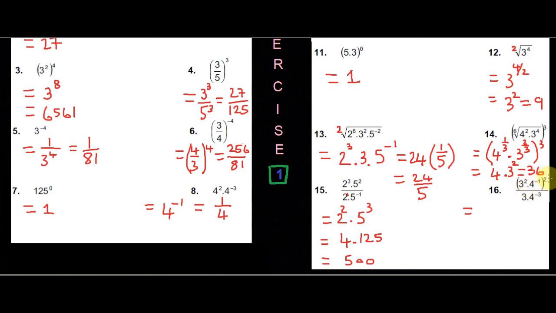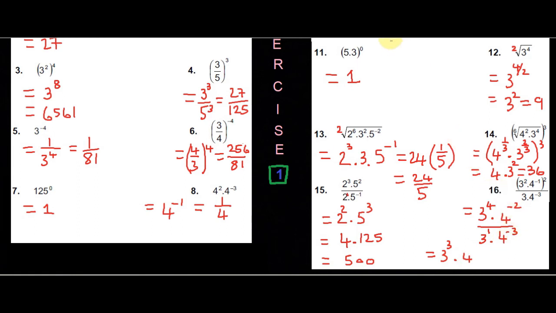We can apply the square into the brackets by multiplying the powers. 2 times 2 is 4. And minus 1 times 2 is minus 2. Now we can subtract the powers. So 4 minus 1 is 3, so it's 3 cubed.